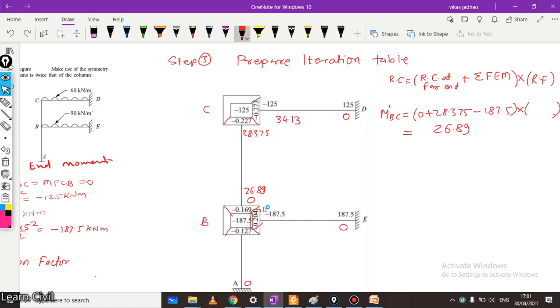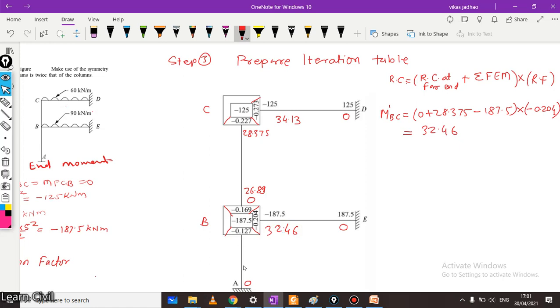For BE, the rotation factor is minus 0.204. So this will be minus 0.204, and this value will be equal to 32.46. Write down 32.46 here.